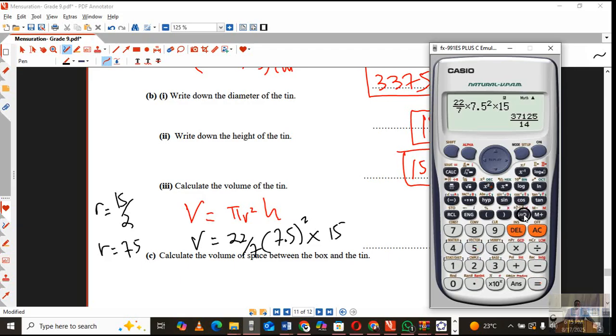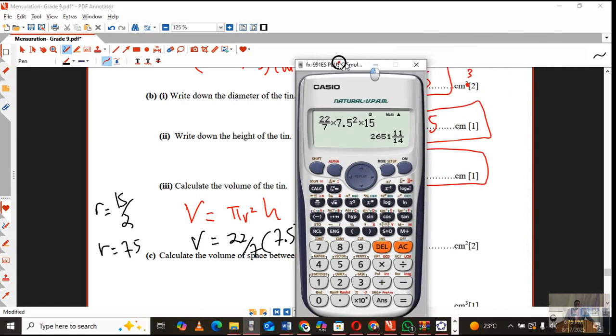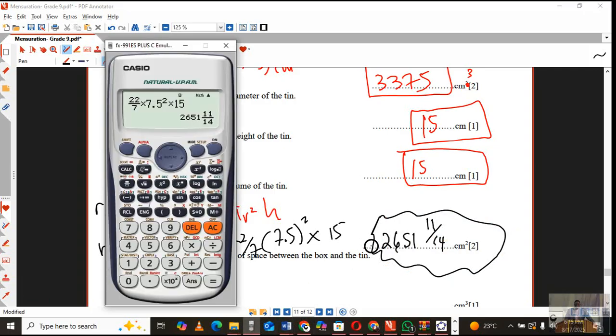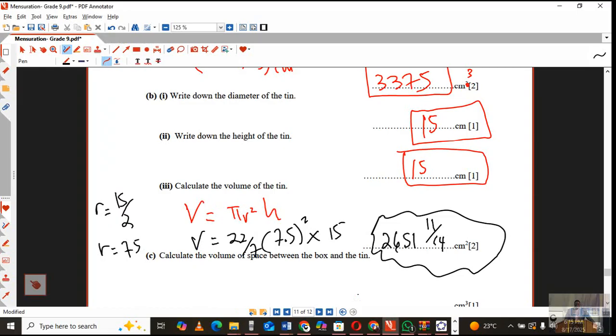It's giving us 2,651 and 11/14. Of course, anything that rounds to that, you can definitely give that answer. This answer is obviously being affected by whatever the radius value is that you are using.